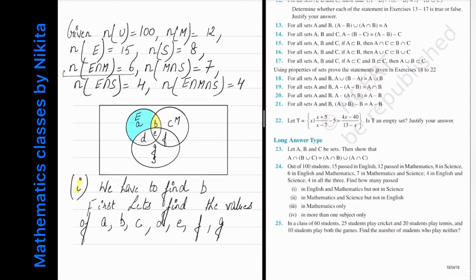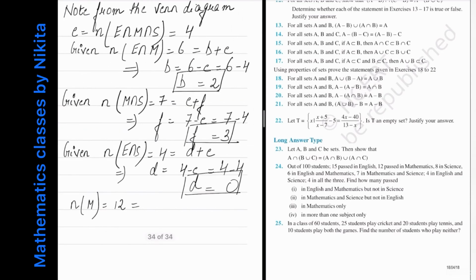N of m is the number of students who have passed mathematics, and this is this portion, so it is B plus C plus E plus F. Now put all the values. तो मुझे B की वैल्यू पता है 2, C की वैल्यू नहीं पता, E मेरे पास है 4, F की वैल्यू मेरे पास है 3.